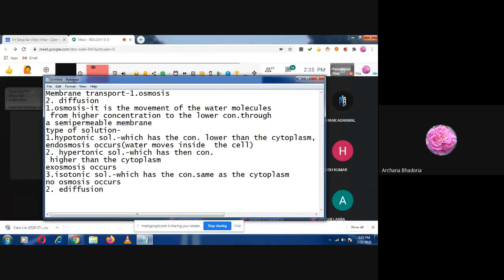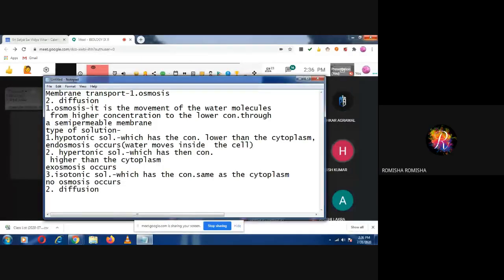So you know that in the plants, the roots absorb the minerals, and those minerals are transported to all the cells of the plant body. तो एक सेल से दूसरे में वो किस प्रोसेस से जाएगा? By which process? Diffusion.